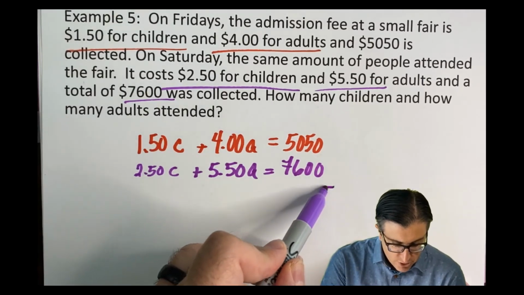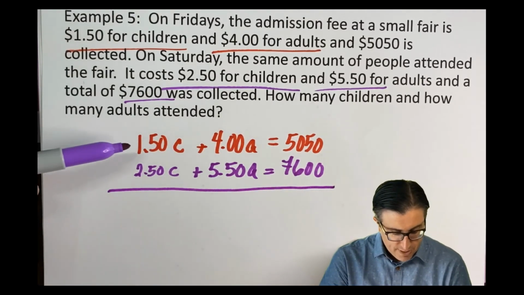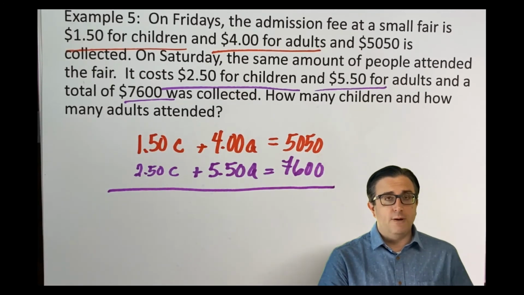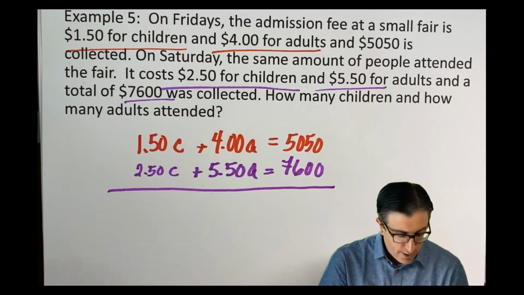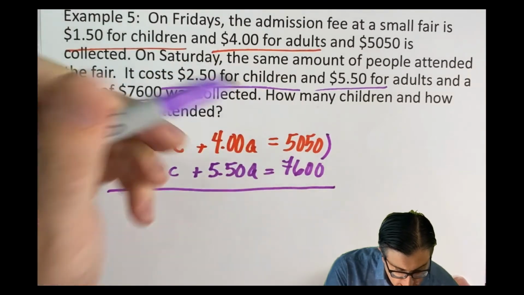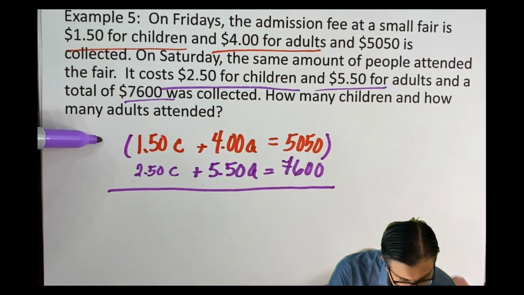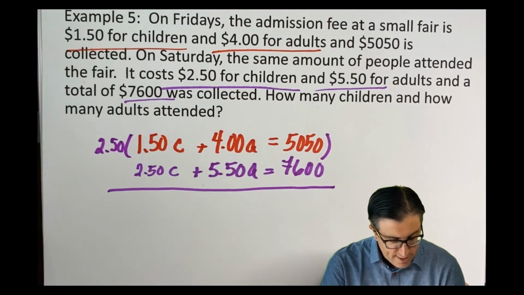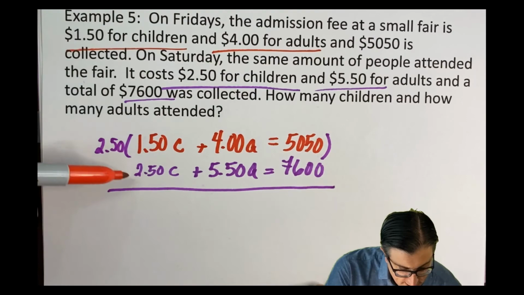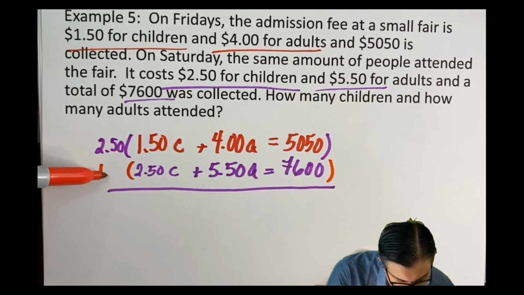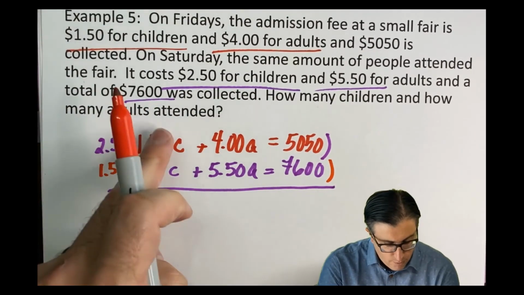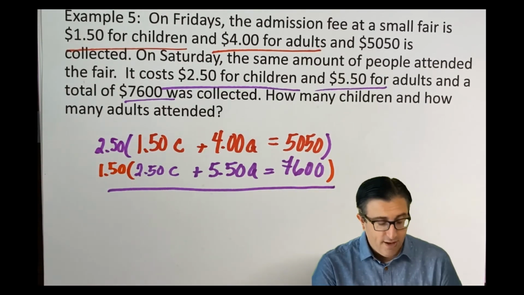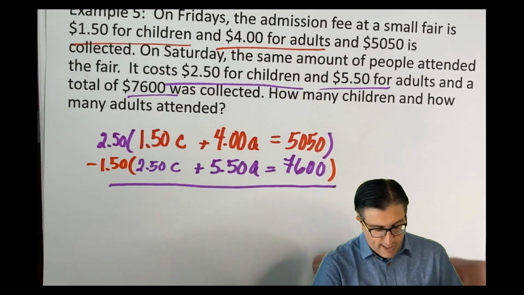Now this one's pretty tricky because the $1.50 and the $2.50 don't have anything that they can multiply with easily and cancel. So I'm going to multiply this top equation by $2.50. I'm then going to multiply this bottom equation by the $1.50. So I'm just going to swap the numbers here, and that will make these 2 numbers cancel with these 2 numbers. The only difference is this one needs to be a negative.